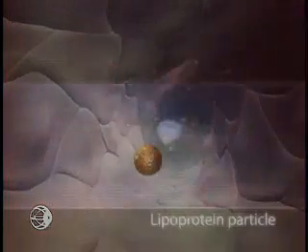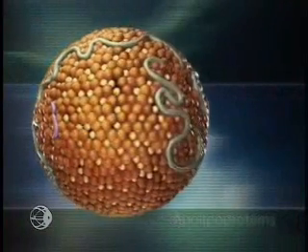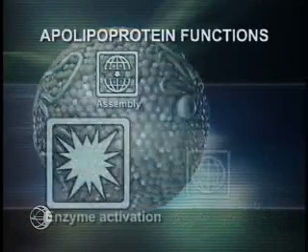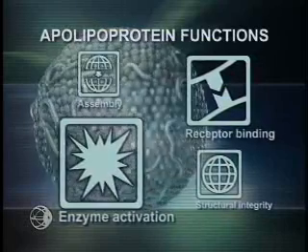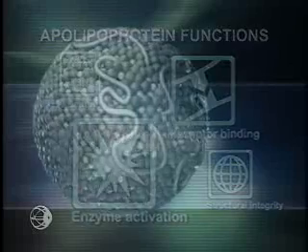A key to effective treatment of cardiovascular disease is understanding the body's complex lipoprotein transport system. At the operational helm are apolipoproteins, which, through their various functions, such as enzyme activation and receptor binding, choreograph the transport of lipids from sites of absorption or synthesis to sites of utilization.